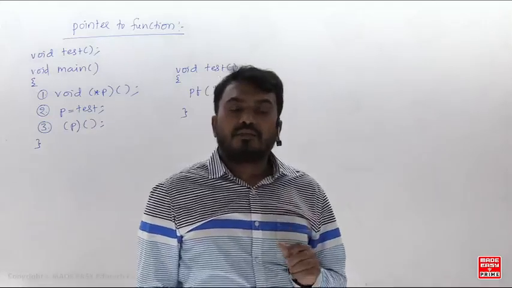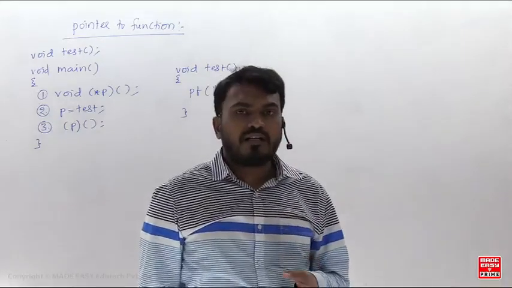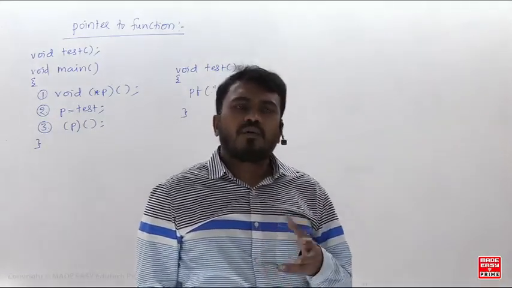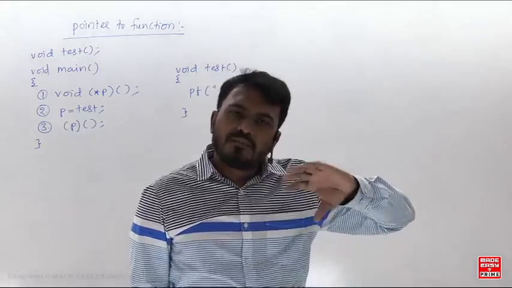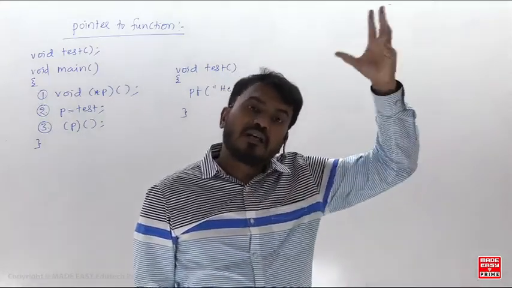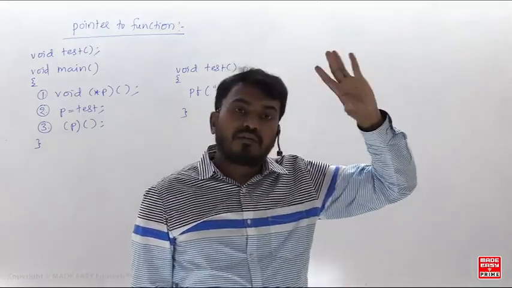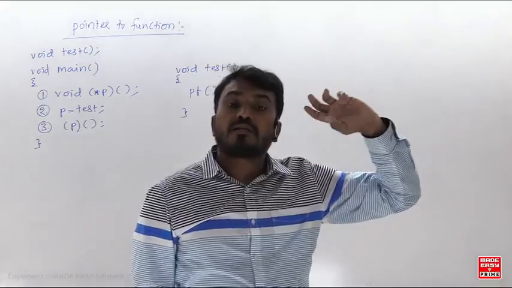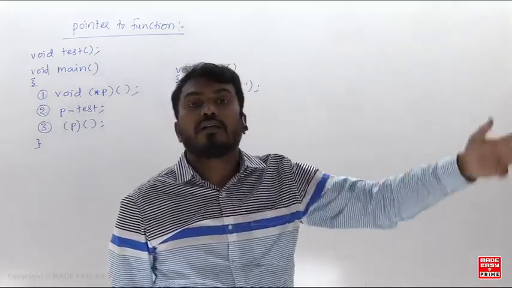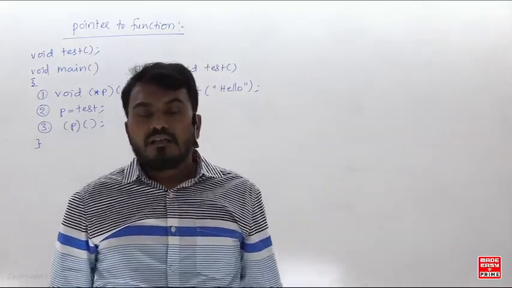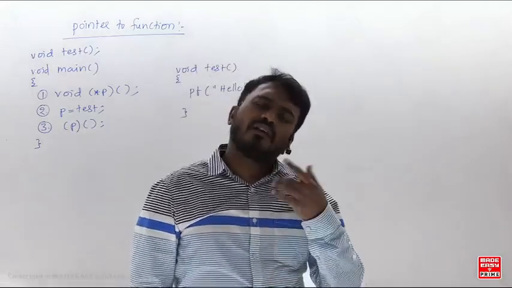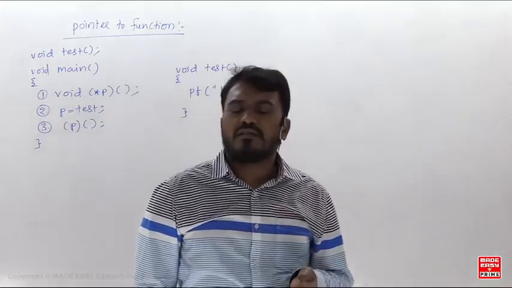So I'm repeating, function pointers are not very popular. Why? Because if you want to call the function, you can simply declare and write the function outside the main, so it is global. Then inside the main, wherever you want, you can simply call that function.